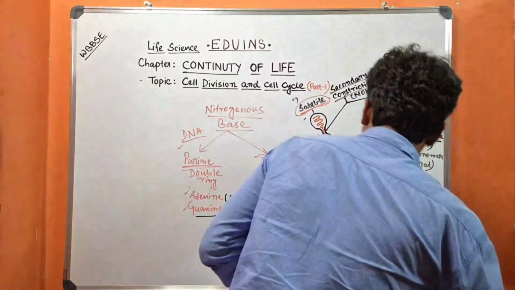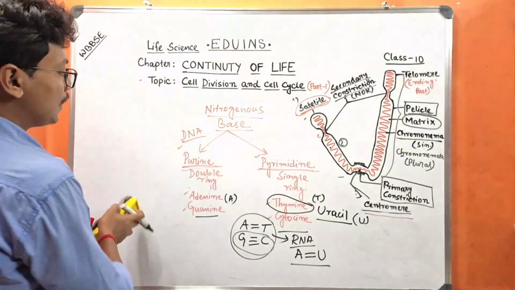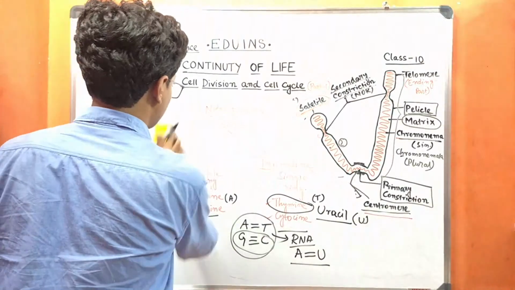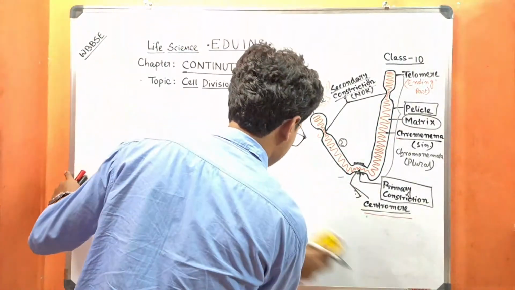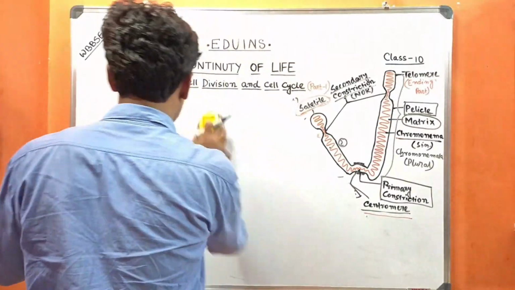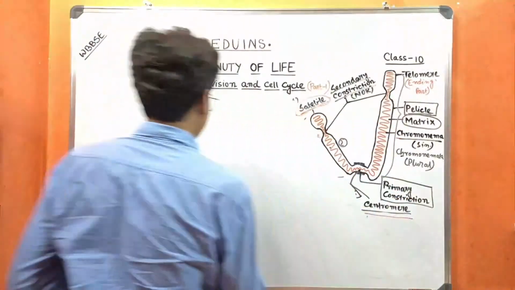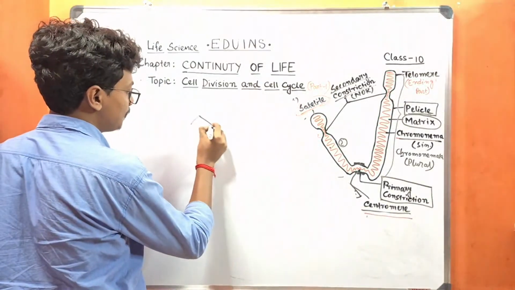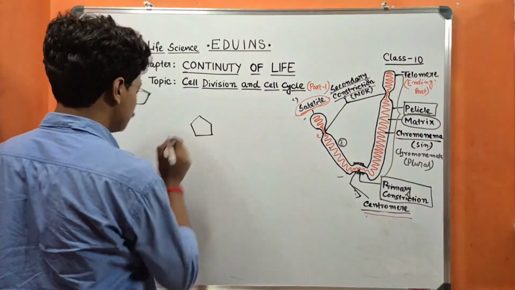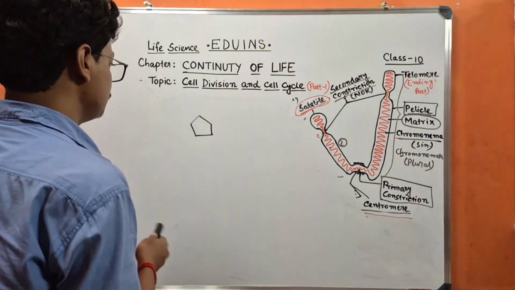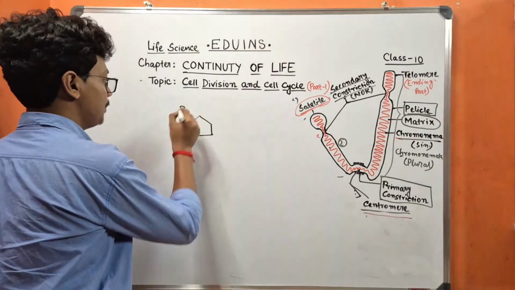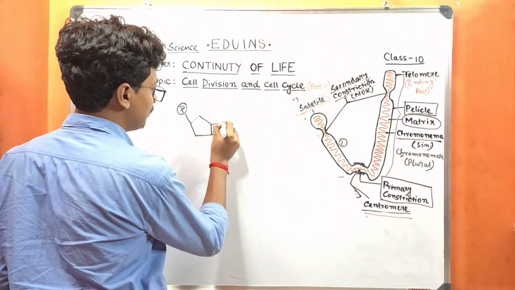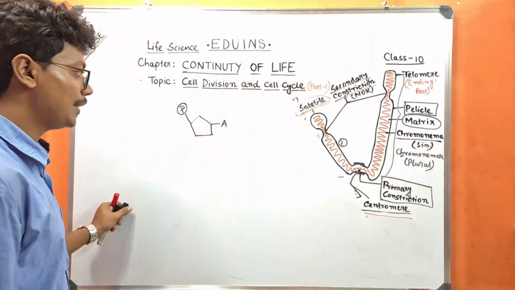Now how does DNA look? If this is a pentose sugar, here is a phosphate molecule, and here is the nitrogenous base.